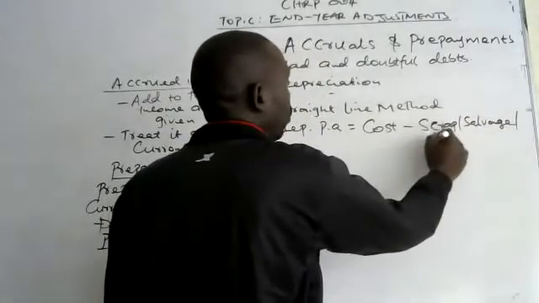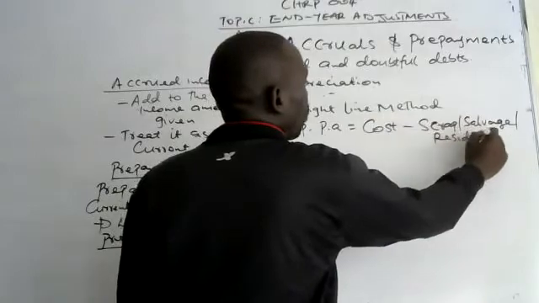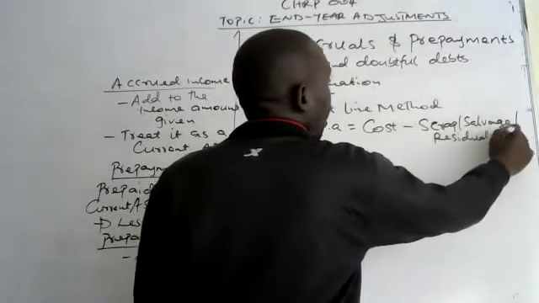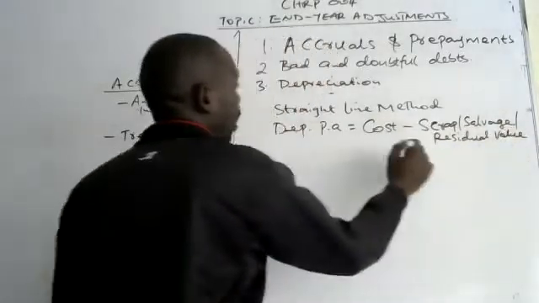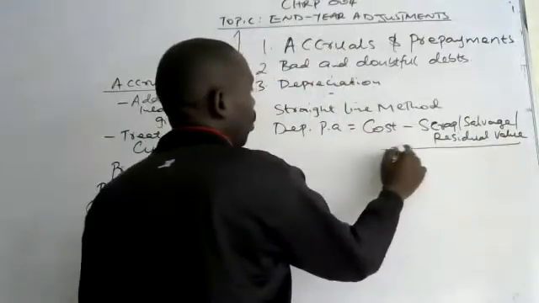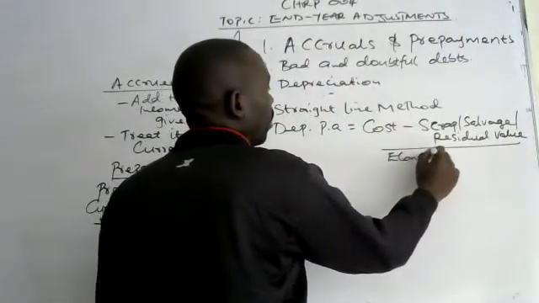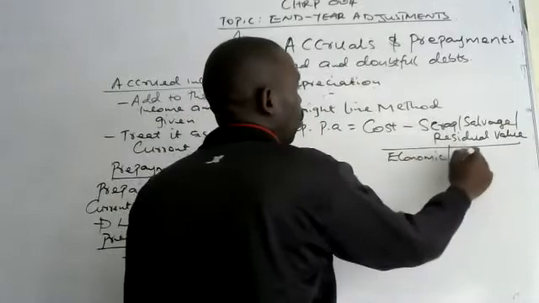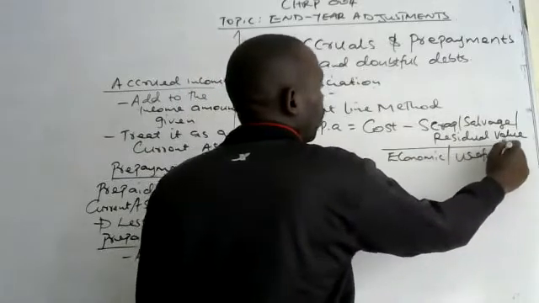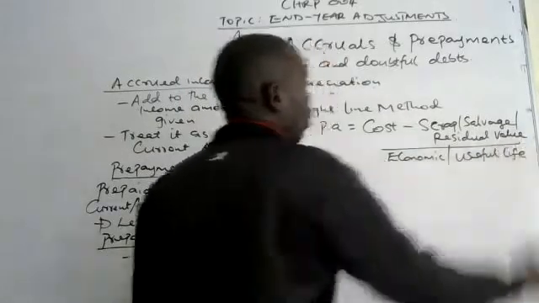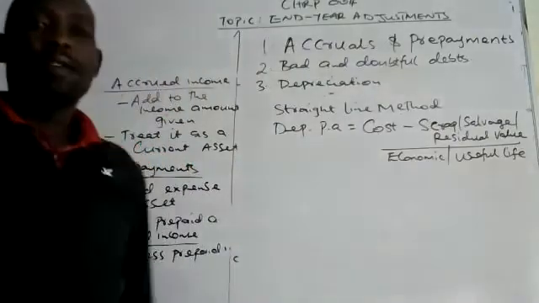Also, you can be told it is known as the residue value. Then you divide by what we call the economic or useful life of that asset.